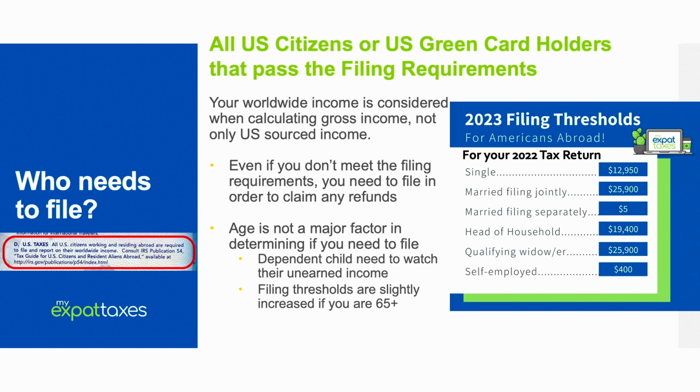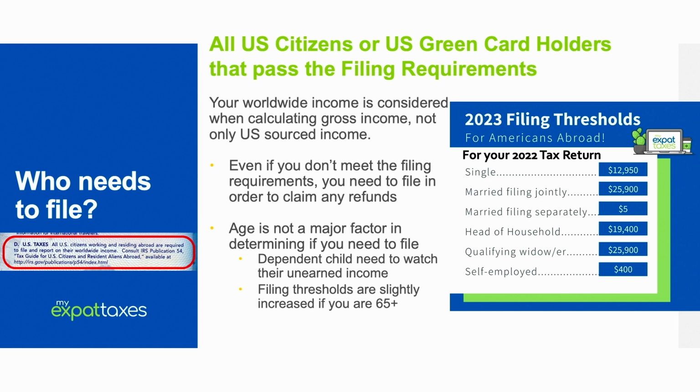Now, obviously, age can be a factor. It's not a huge factor in determining if you need to file. Just keep in mind, if you're 65 or older, your filing thresholds slightly increase, except married filing separately. That doesn't change. And if you have a child and you're worried if they have to file, there's actually no age threshold to meet to have to file.